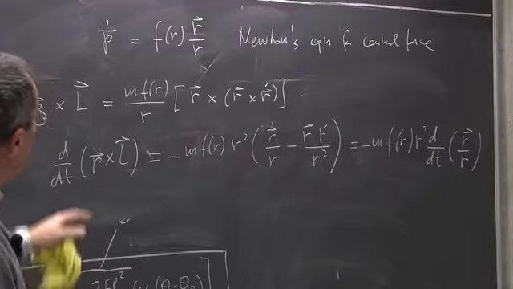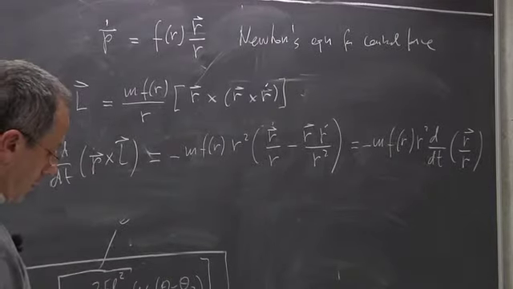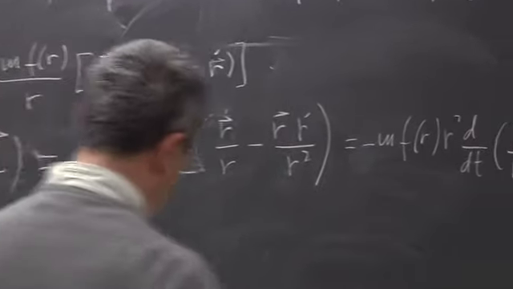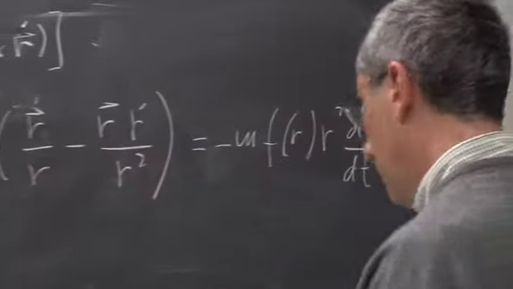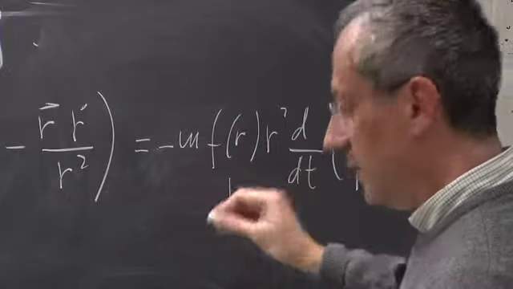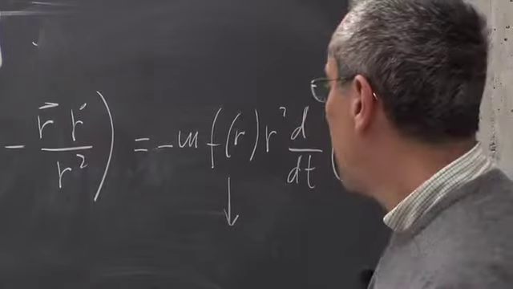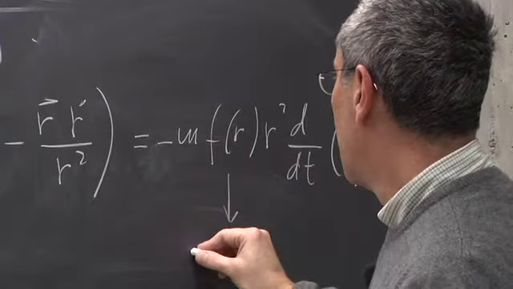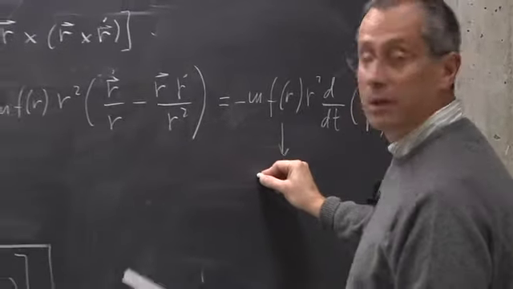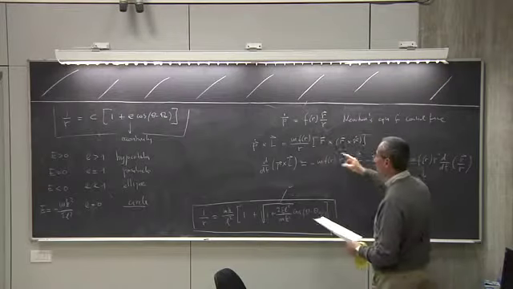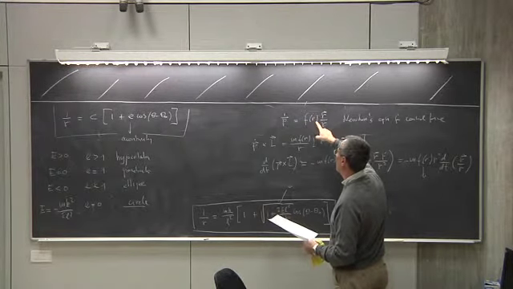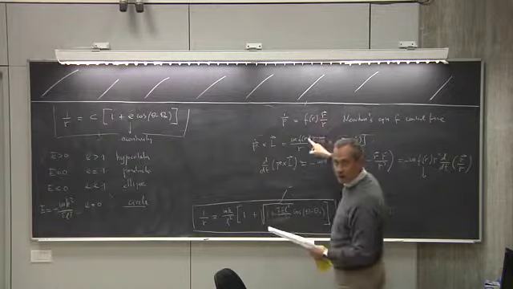So you see, you have identified a combination that is going to be a constant if now I plug in the special case of Kepler's, in which this f of r is just what? Because in the case of Kepler, the force is just minus k over r squared, right?